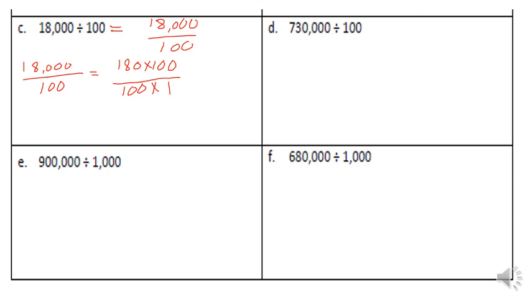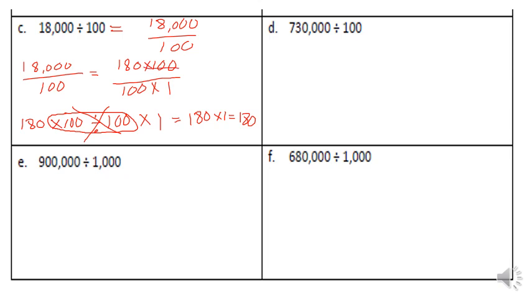If I were to write this out in vertical format, it would be 180 times 100, and since it's a fraction, it's divided by 100 times 1. If I'm multiplying by 100 and then I divide by 100, they cancel each other out. That leaves me with 180 times 1, which equals 180.